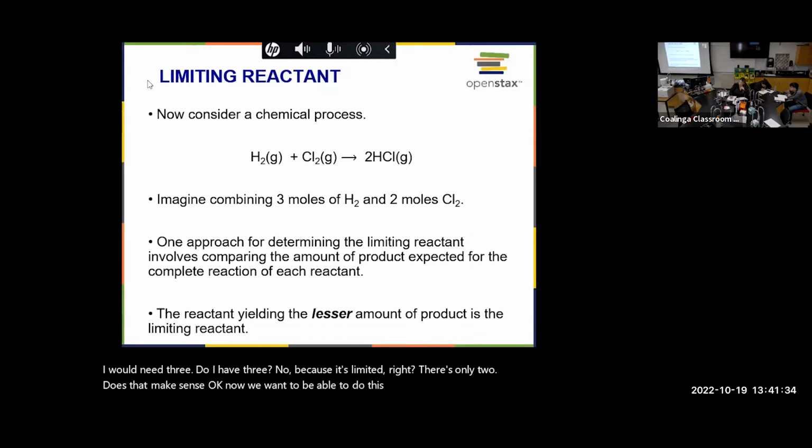You need to show it on a piece of paper, right? So the way that we would do that is, either A, you can do it by doing comparisons of your hydrogen to your chlorine. Okay. So let me show you that. So if we started off with hydrogen, we have 3 moles of hydrogen.